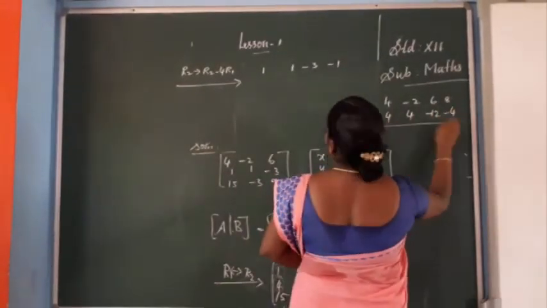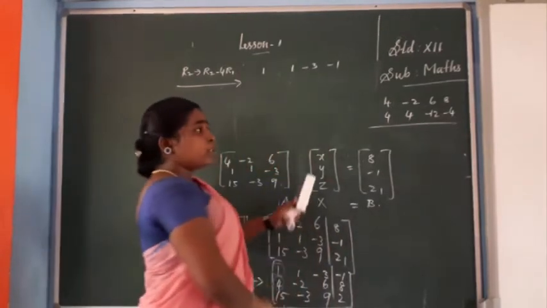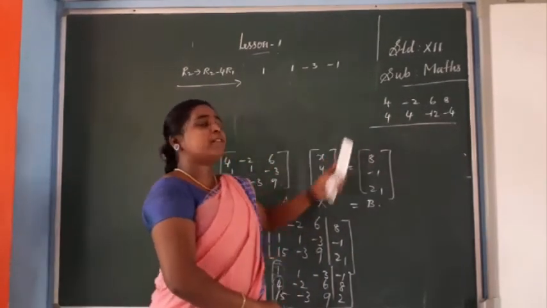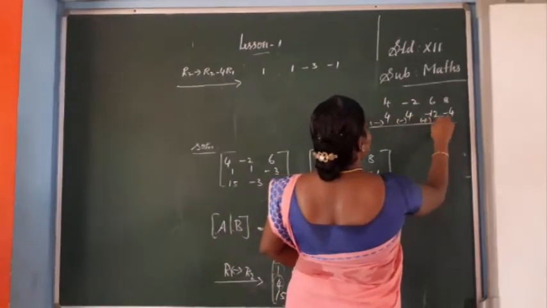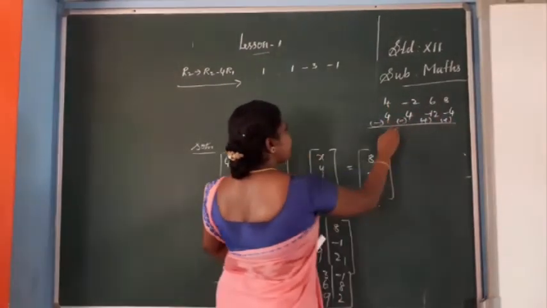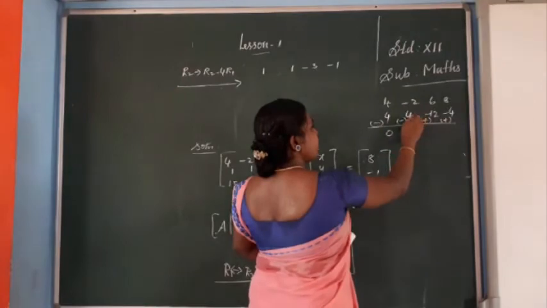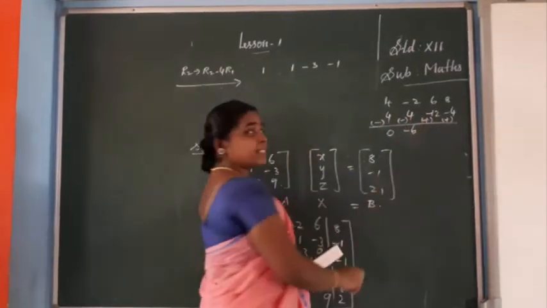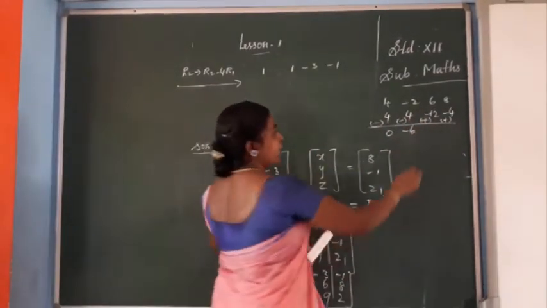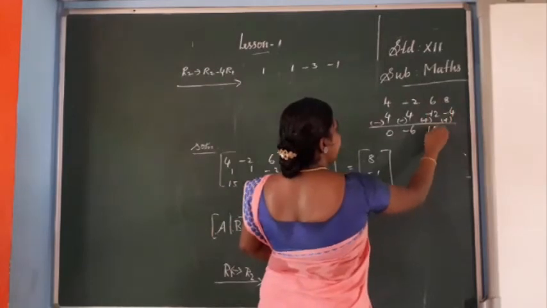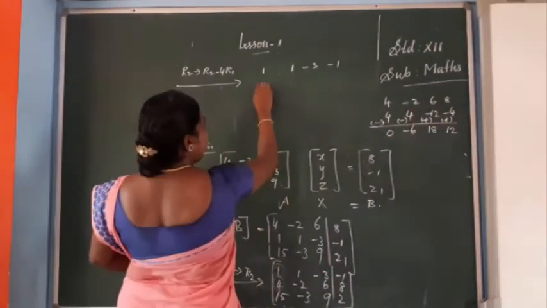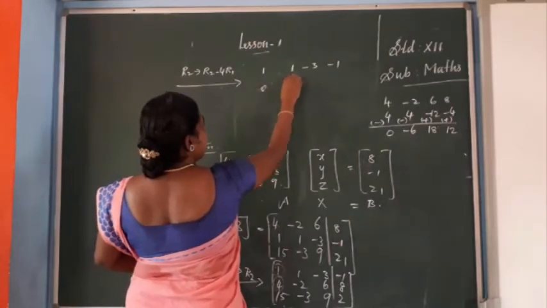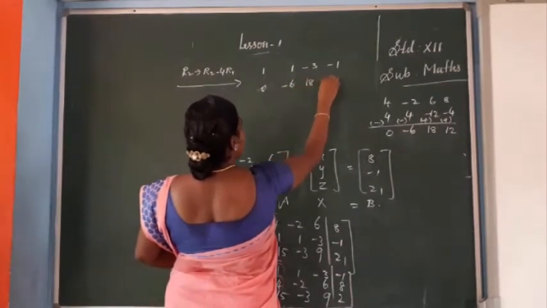Now you have to do the subtraction. Both have the same sign, so how to subtract? Minus, plus, plus. Okay. 4 minus 4 is 0. Minus 2 minus 4, both are minus, so minus 6. Next 6 plus 12 is 18. Next 8 plus 4 is 12. Okay, 0, minus 6, 18, 12.